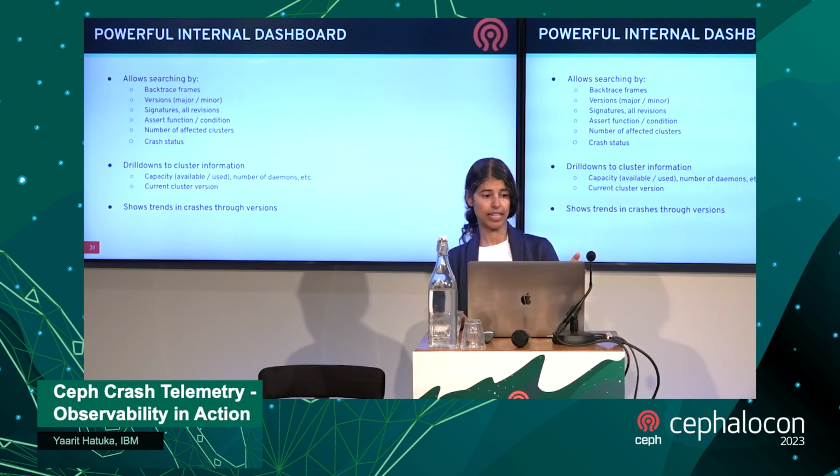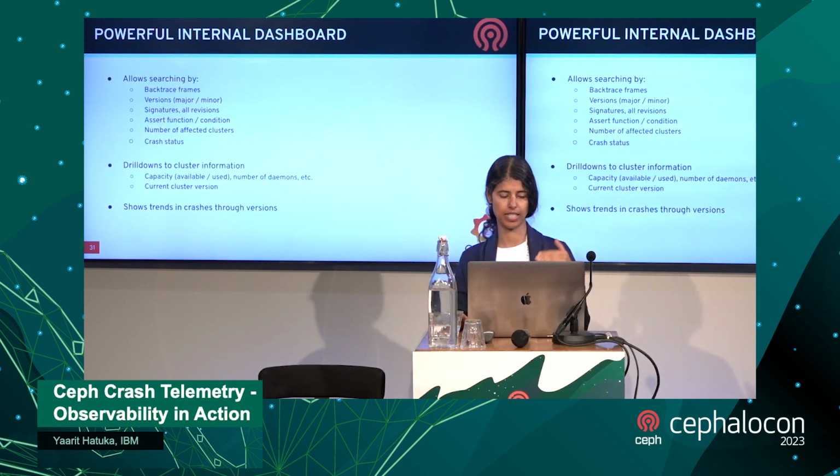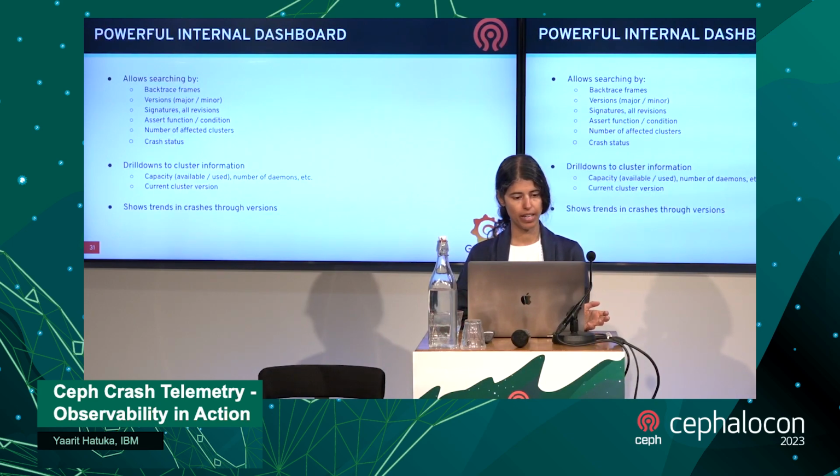So the dashboard allows for searching by backtrace frames. We can see crashes by versions, either major or minor. We can search by signatures, by a search function and conditions, and so on.